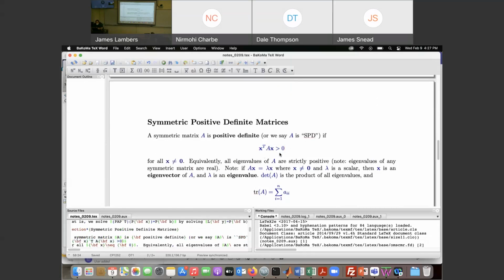An alternative definition of a symmetric positive definite matrix is a symmetric matrix whose eigenvalues are all strictly positive. Recall that for a real symmetric matrix, the eigenvalues are real.